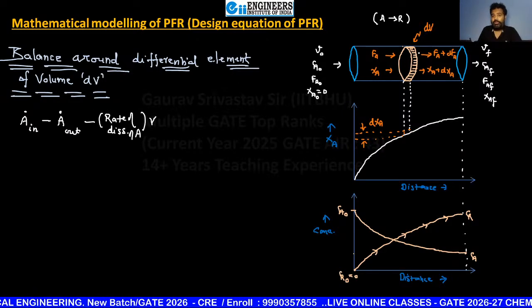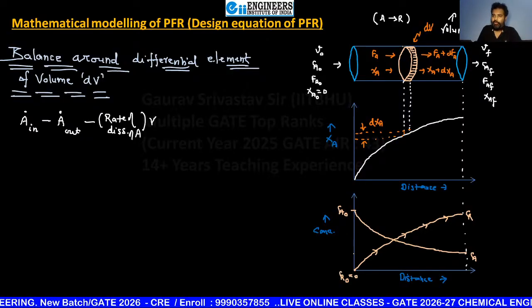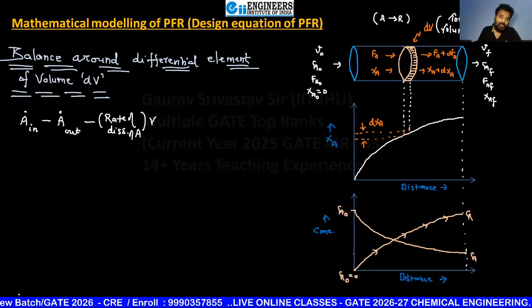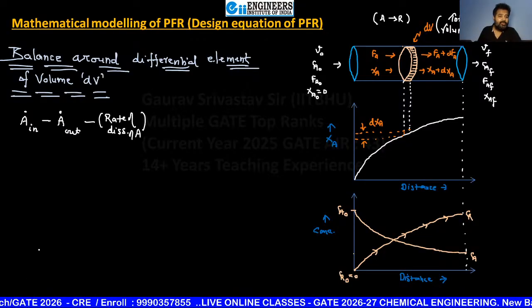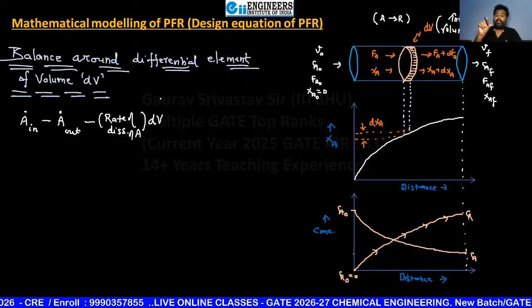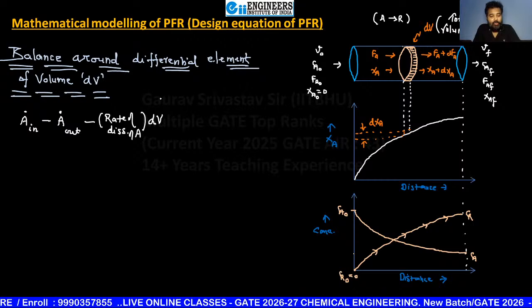Here I am assuming the total volume of reactor as V. This is total volume, differential element volume is dV. So here you can't write V, clearly it will be dV. Are you able to understand here? Because you are taking this balance around that volume dV, so you can't write V there.